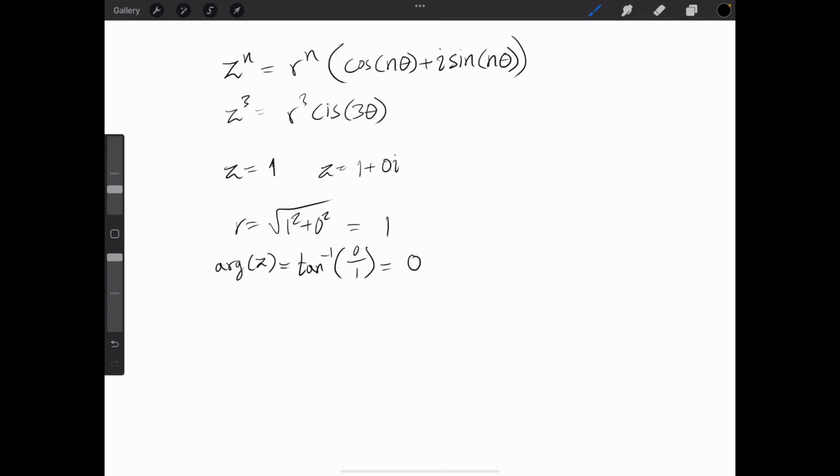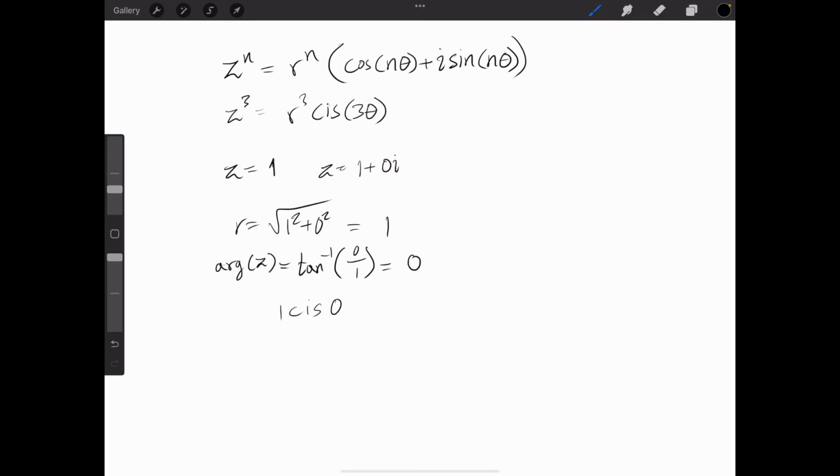So in this case, the polar form would be written as 1 times cis of 0. It's pretty simple that way.